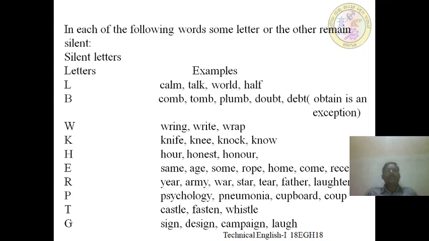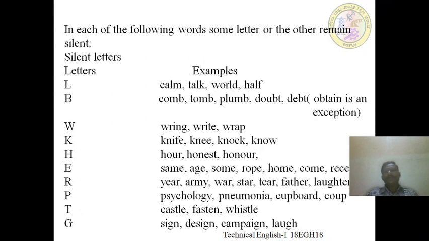Then R becomes silent in these words: ear, army, war, star, tear, father, laughter. And then P, in psychology, in the medical terms. Psychology, though the word begins with P, here P becomes silent. Therefore, we pronounce it as psychology.